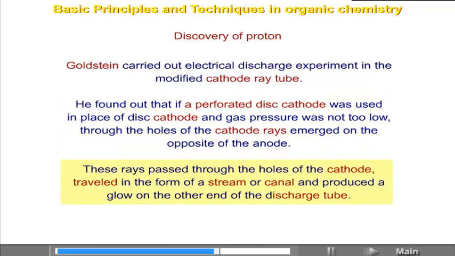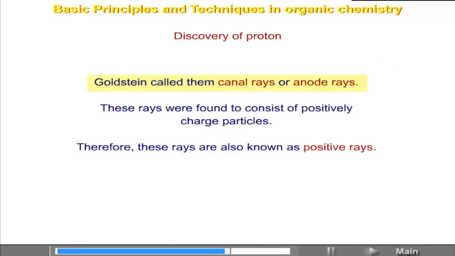These rays passed through the holes of the cathode, traveled in the form of a stream or canal and produced a glow on the other end of the discharge tube. Goldstein called them canal rays or anode rays. These rays were found to consist of positively charged particles. Therefore, these rays are also known as positive rays.